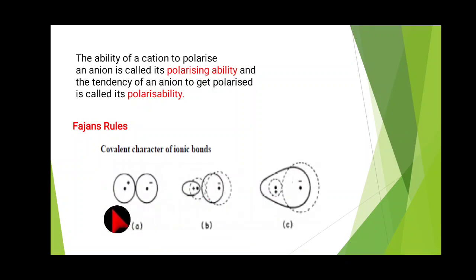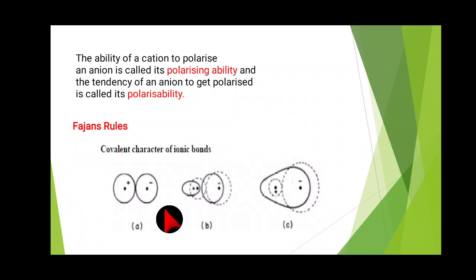Here we can find the covalent character in ionic bonds. A smaller cation and a larger anion make a bond. So it is an ionic bond, but they give covalent character, right? To show greater covalent character, both the cation and anion should have high charge on them.